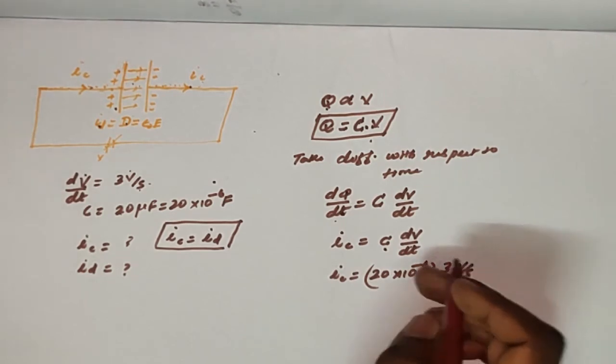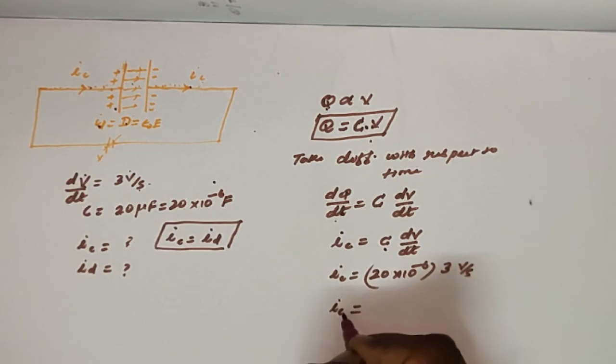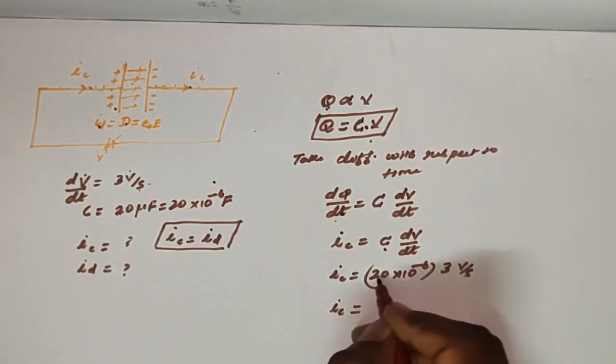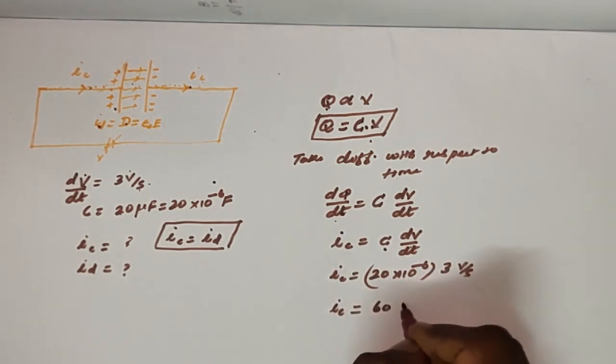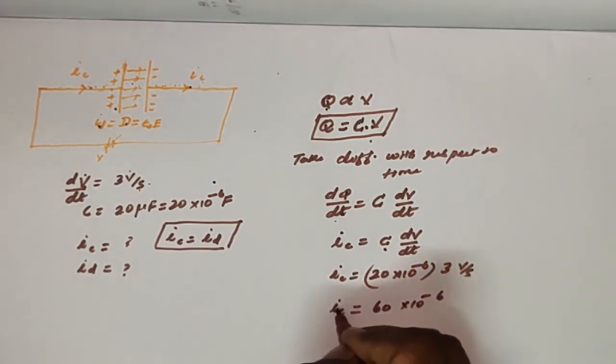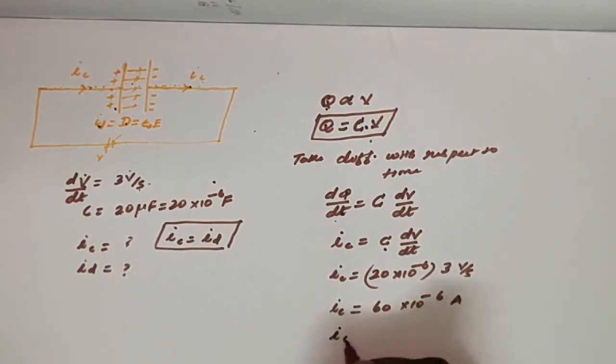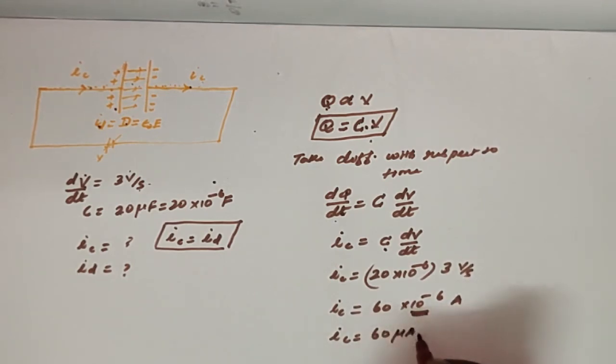Multiplying by 3, the conduction current equals 60 into 10 power minus 6 ampere, and 10 power minus 6 is micro ampere.